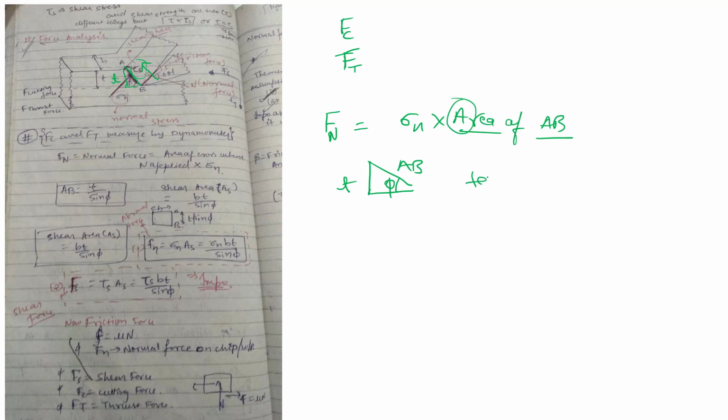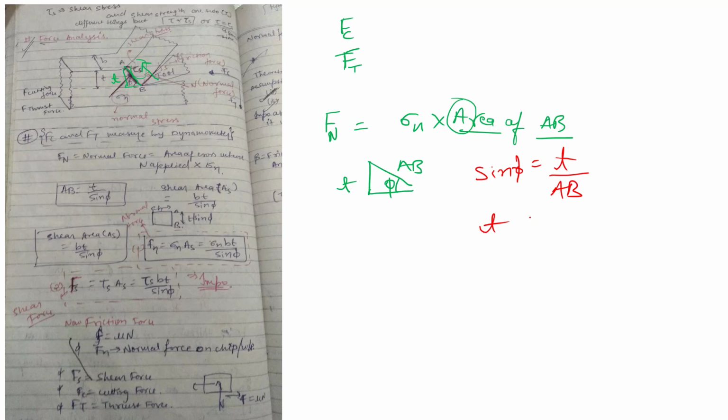How do we find it? We can find the length using the sine rule: sin phi is equal to perpendicular upon hypotenuse, because the perpendicular and the hypotenuse are given. So by common sense we use this.